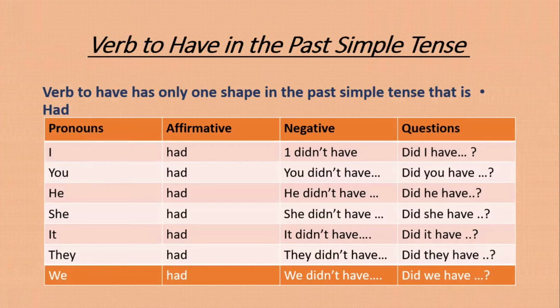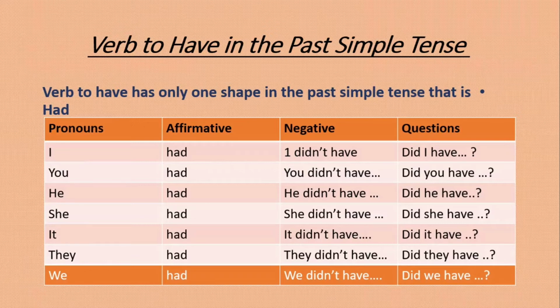But to change it into negative, as with any past simple verb, we use did not plus the infinitive form. So had is changed into didn't have. So I had a car, I didn't have a car. You had, for example, an umbrella, you didn't have an umbrella.